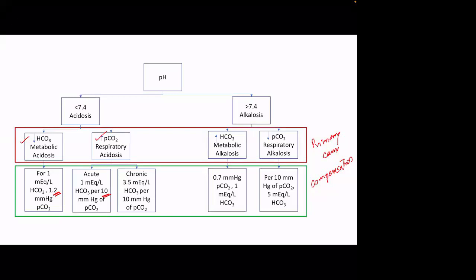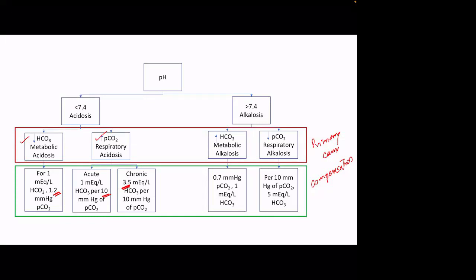But in chronic cases, kidneys would have already adjusted to that and will show an increased response, with 3.5 milliequivalents per liter of bicarbonate increase with each 10 millimeter of mercury increase in the PCO2 levels.